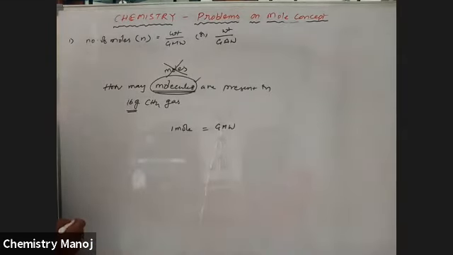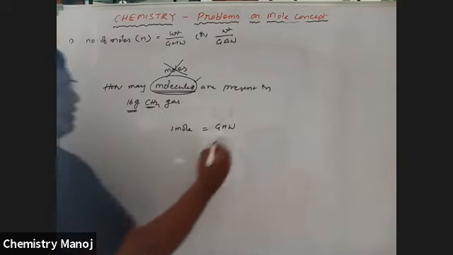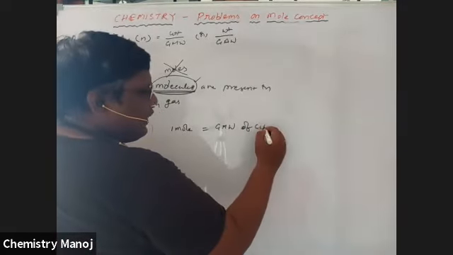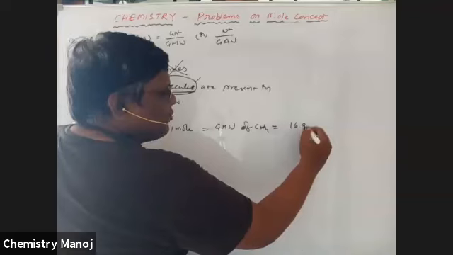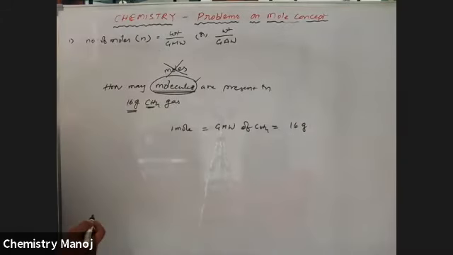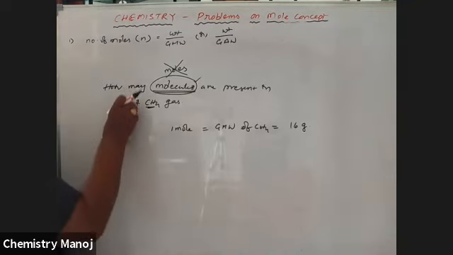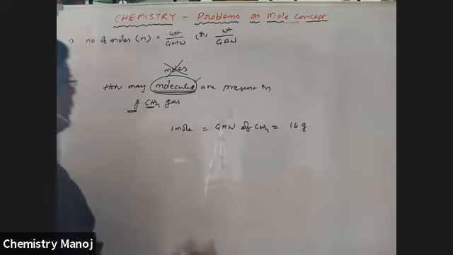For methane, the gram molecular weight is equal to 16 grams.